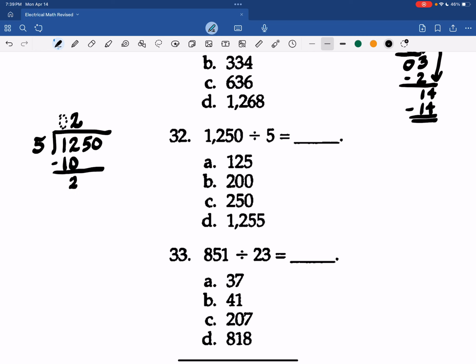With 2 left, bring down the 5. 5 into 25 is 5 times with none left over. Don't stop. You have to bring down the 0. And 5 into 0 is 0. Still terminates, but don't lose that 0. It's a very common error.